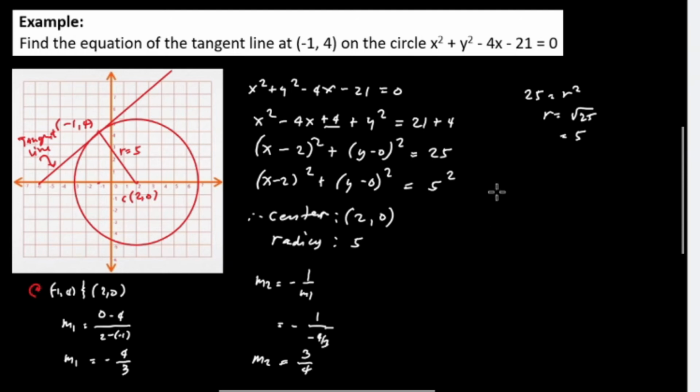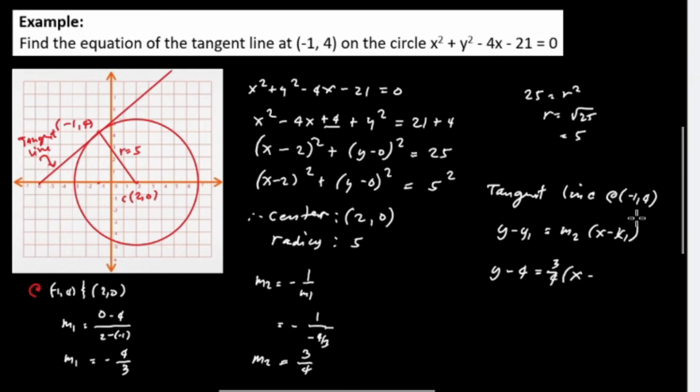And the tangent line equation: y minus y1 is equal to m2 times x minus x1, at (negative 1, 4). y minus 4 is equal to m2, which is 3 over 4, times x minus negative 1.